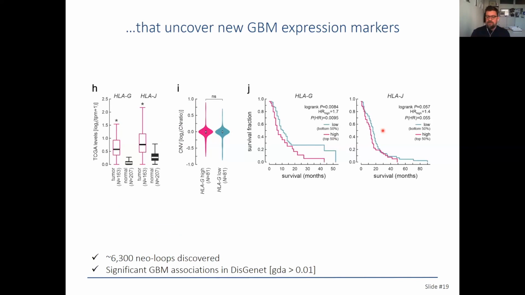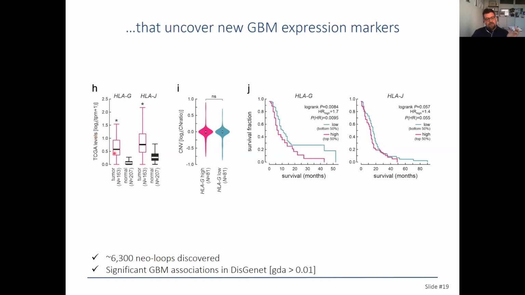So there is scope of mapping these. And one part of the scope is that you can uncover new predictive markers. And this is the HLA-G gene that I was talking about, which has until today not been associated with glioblastoma, has been linked to some extent with melanoma. So you can take this gene and ask in the TCGA cohort of hundreds of glioblastoma patients, how does it look like?